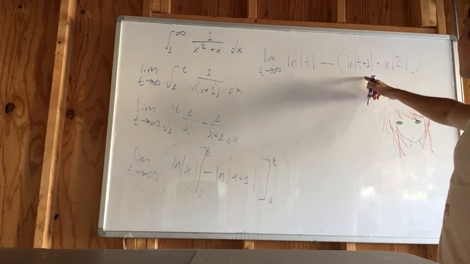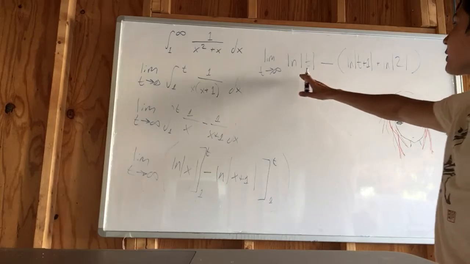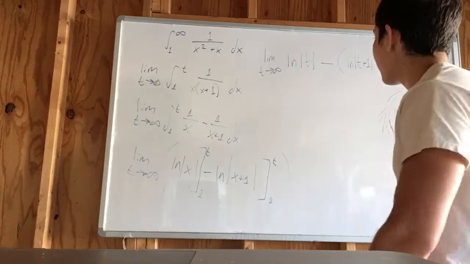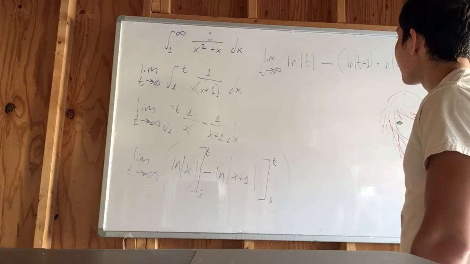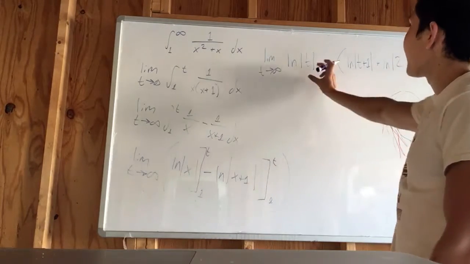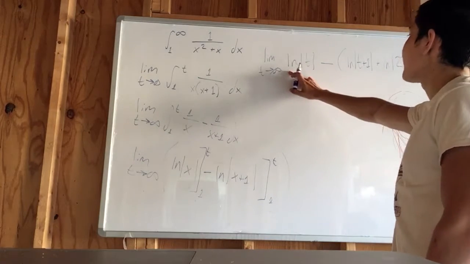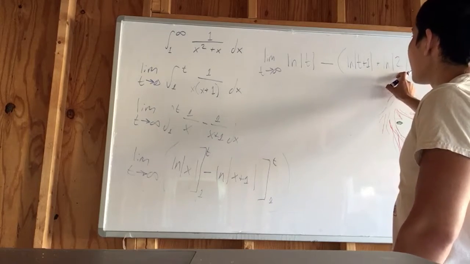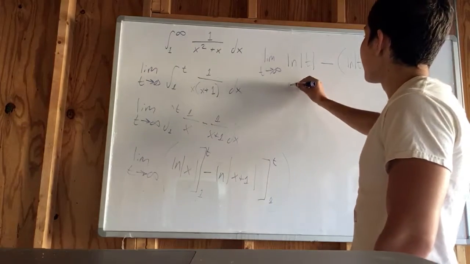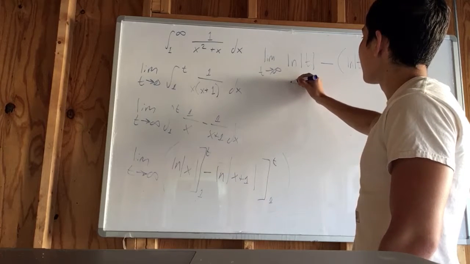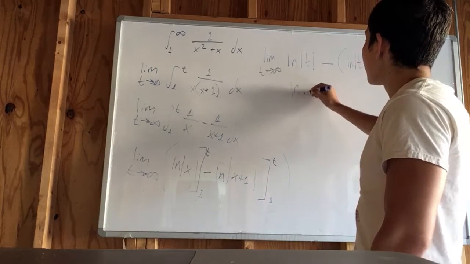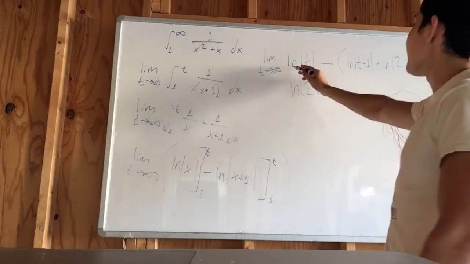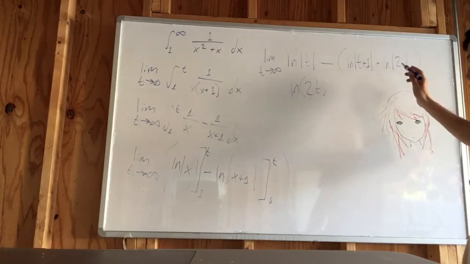Now we could do this. We could subtract and add. We've got just natural logs, and we've just got addition and subtraction. So you've got to remember that with addition of natural logs, it's the same as multiplying what's inside. So we have the natural log of t, and we have the addition of the natural log of 2. That's the same thing as saying the natural log of 2t.